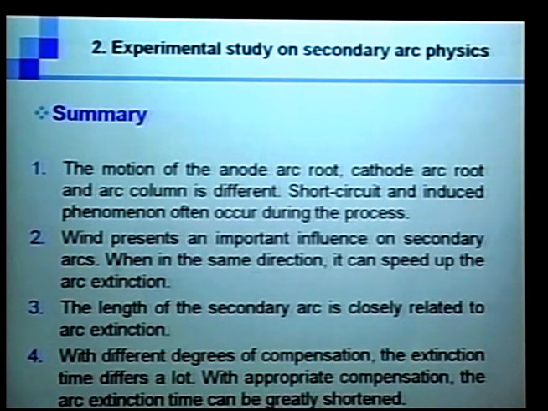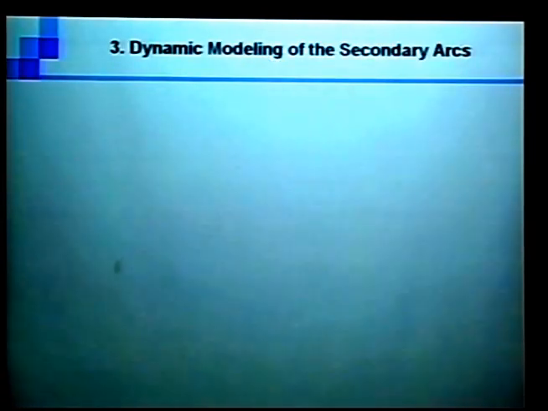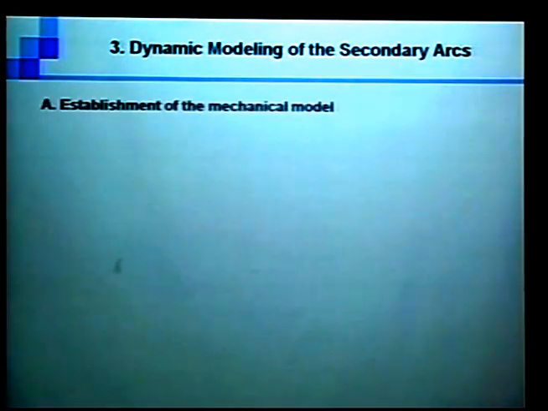And with different degrees of compensation, the extinction time may differ a lot. Then I give you what we have done on the modeling of second arcs, and try to compare the modeling with the experiments.